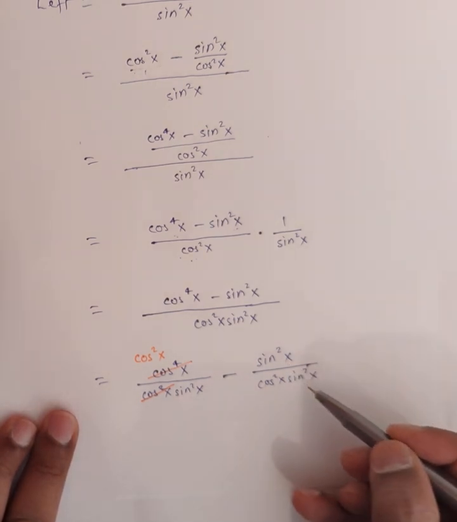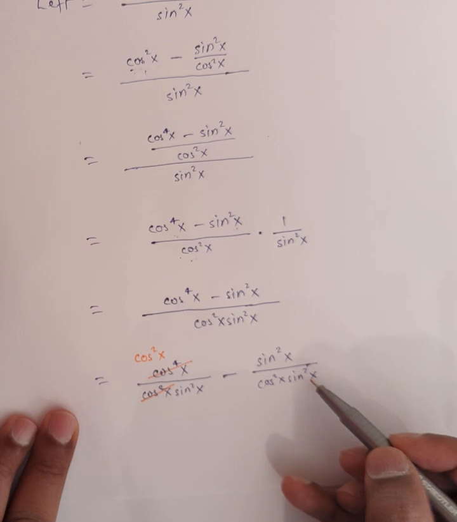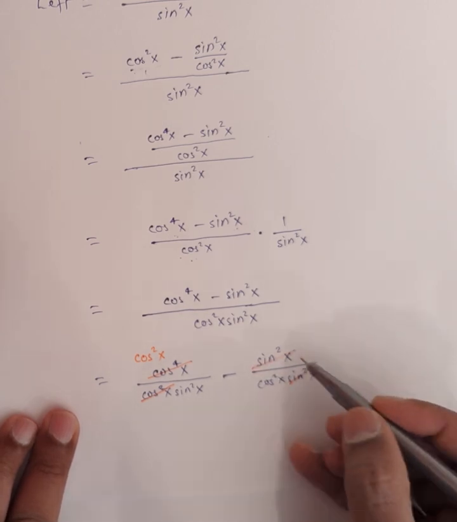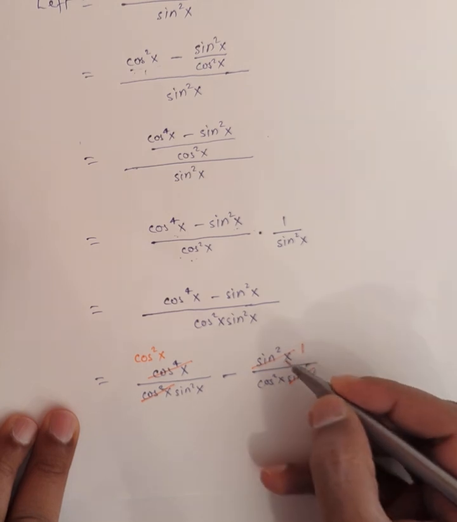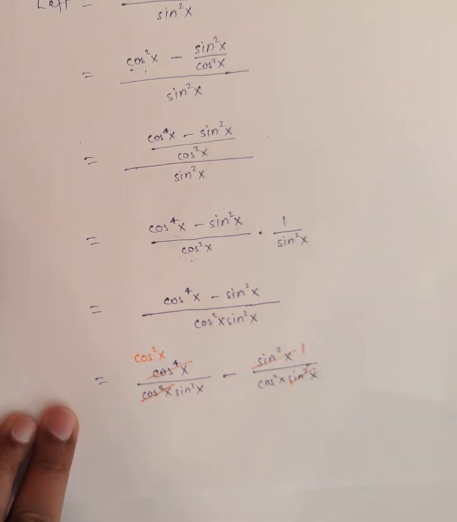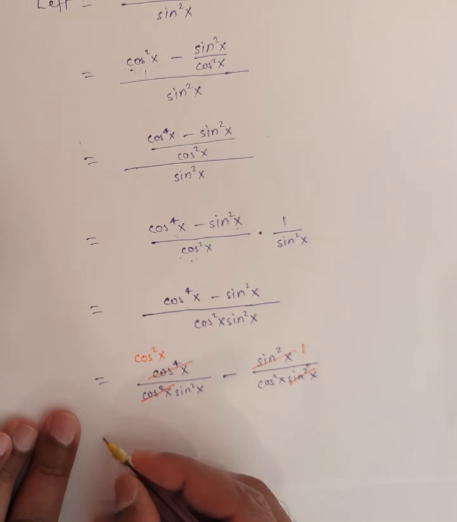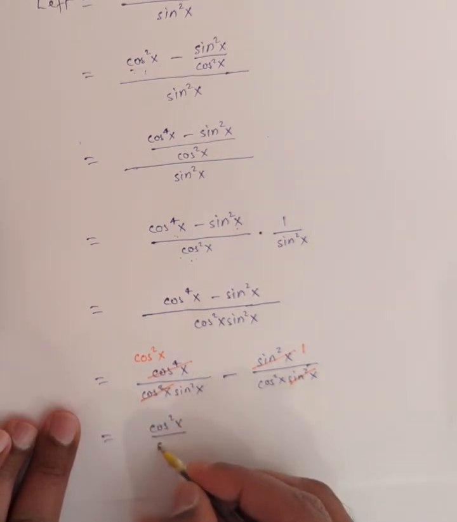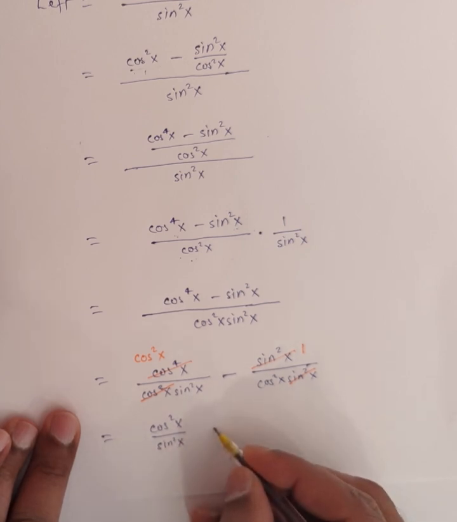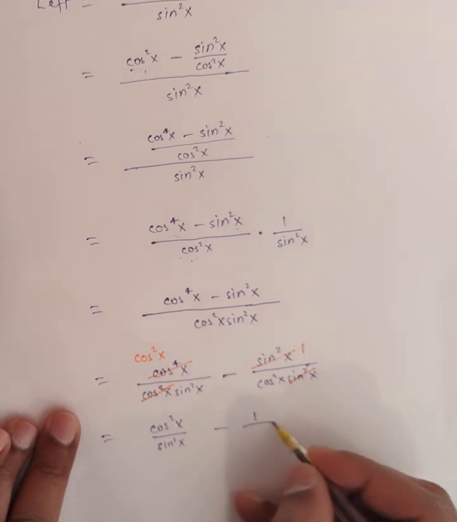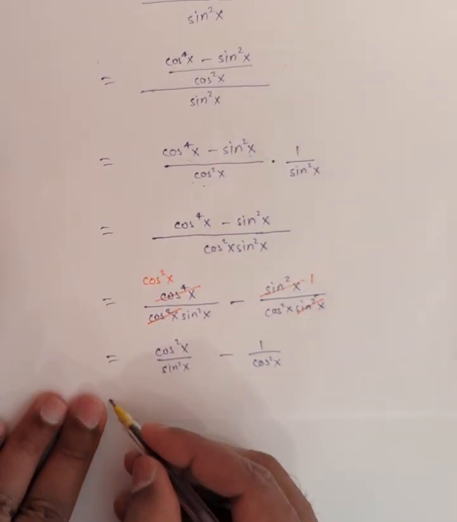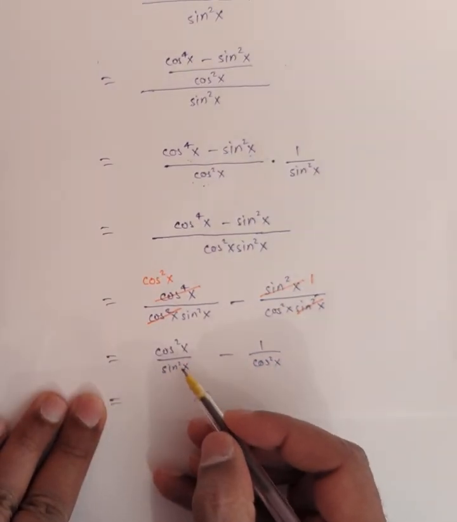And if you notice here, there's a sine square x over sine square x. I can cancel that, but I have to write 1 here because sine square x goes into sine square x 1 times. So now what do I have? I have cos square x over sine square x minus 1 over cos square x. So what's that going to be? Well, cos over sine is cot.